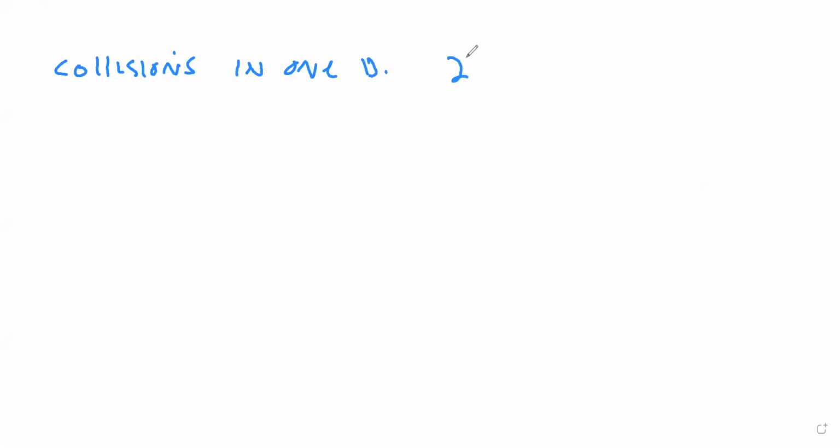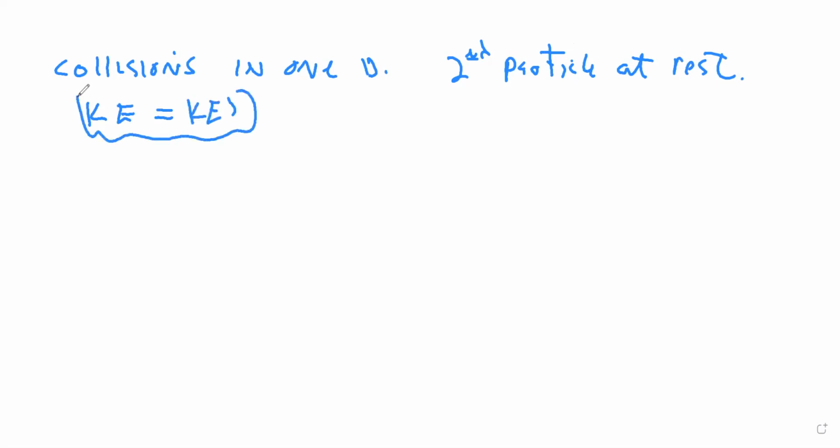In this case, the second particle is at rest, and this is going to be a collision where the kinetic energy before the collision is equal to the kinetic energy after the collision. So this is going to be an elastic collision. So what do we have here?